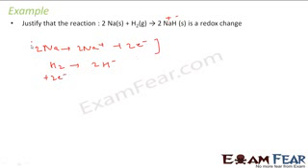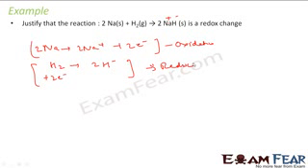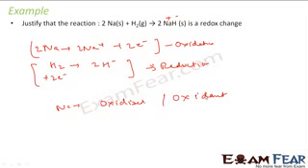So here we see this is nothing but loss of electron. So this is the oxidation process and this is a reduction process. Correct? So here sodium got oxidized, and hydrogen got reduced.